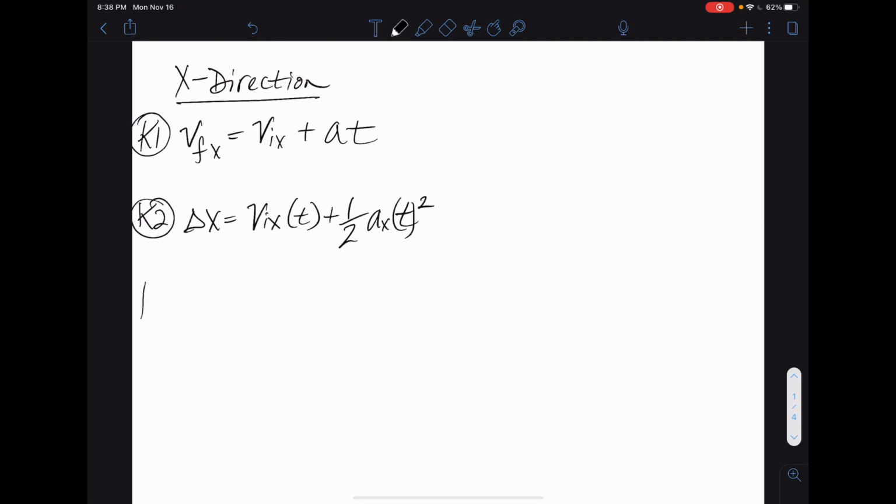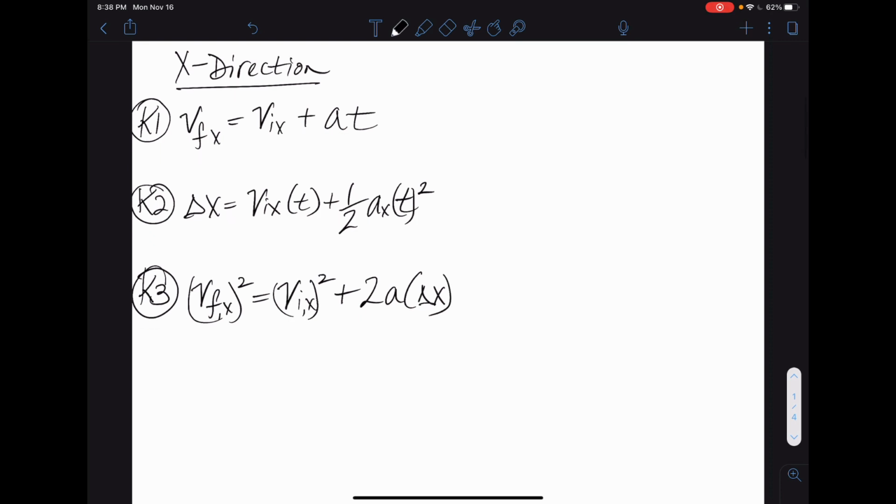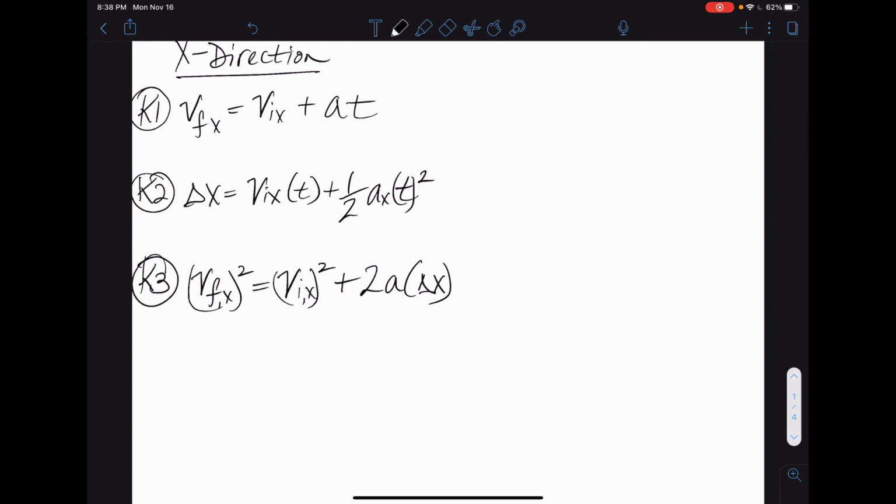And we have K3, VFX squared equals VIX squared plus 2A delta X. Should we also look at K4? Yeah, why not, right?